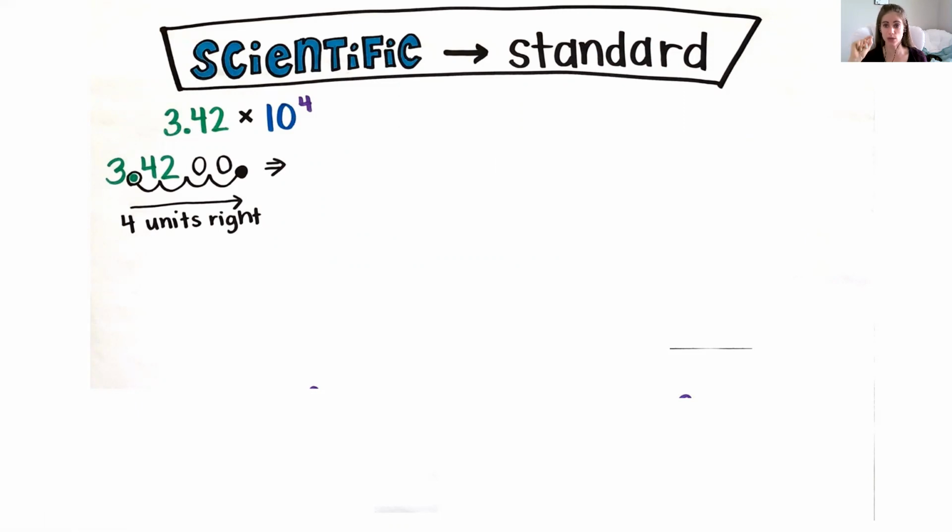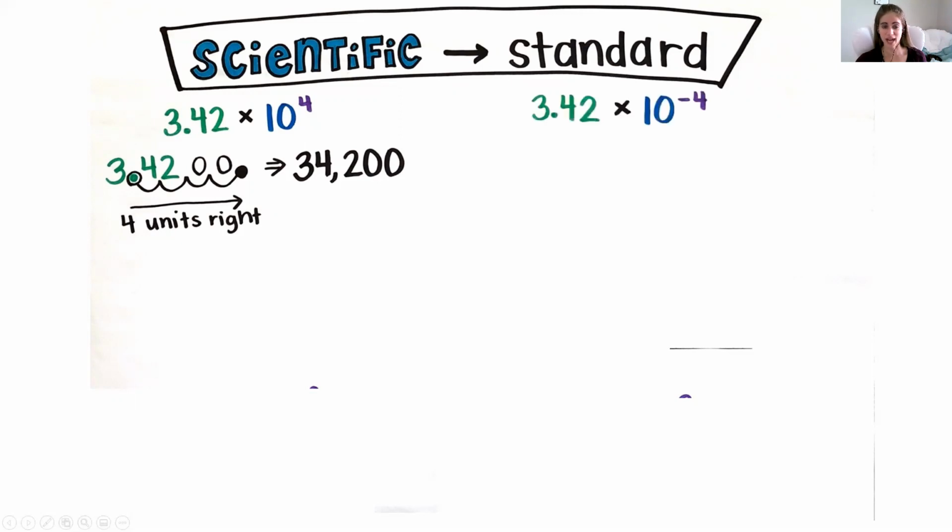And that is how we can convert it out of scientific and into standard. So here we move it 1, 2, 3, 4 units to the right because it's a positive 4, which gives us a large number of 34,200.